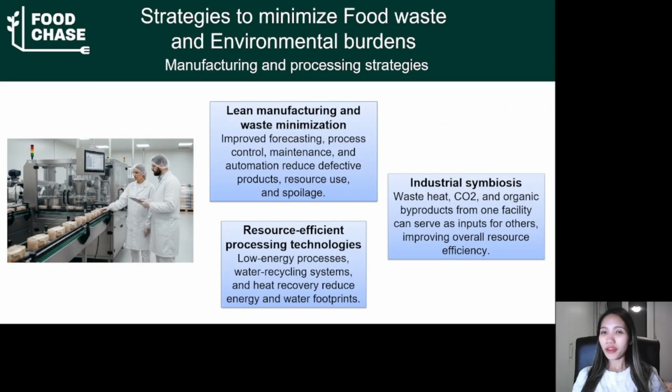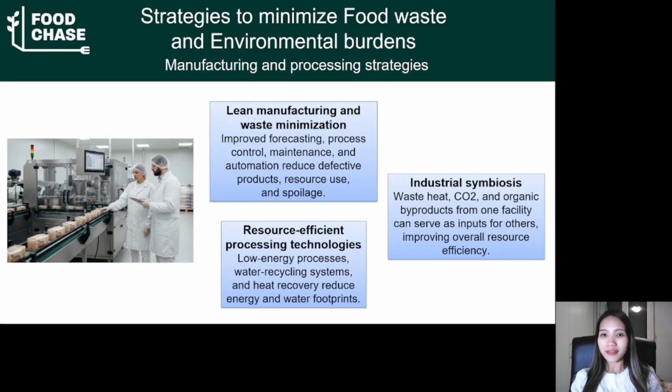During the manufacturing and processing phase, we can apply lean manufacturing and waste minimization. It includes practices like improved forecasting, process control, maintenance, and automation. In this way, we can reduce defective products, resource use, and also spoilage.